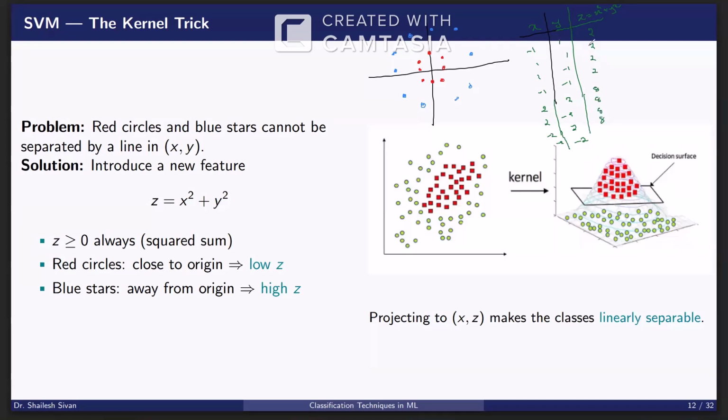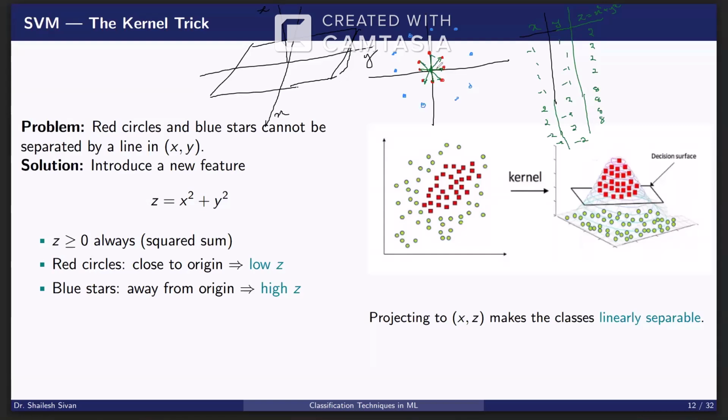So what will happen? Since Z equals X square plus Y square, this is the distance from the center to each point, right? So this measure is actually the Z. So what will happen if I plot this data into a 3-dimensional space? Here X and Y are there, along with that, the new Z is also there.